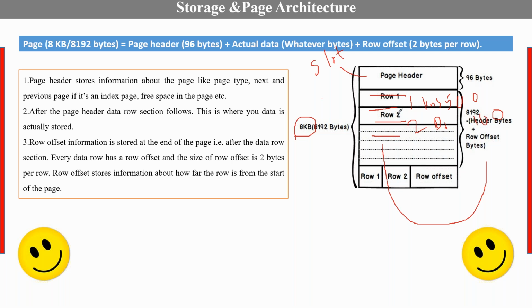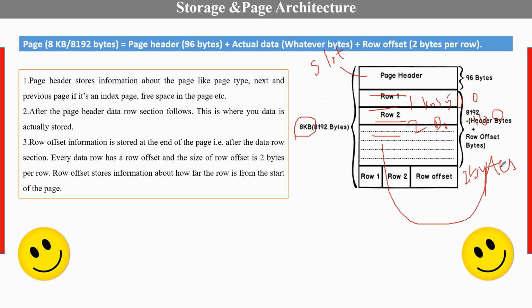Which object records it is maintaining, that information will be maintained by the row offset. Either you call it a footer or a row offset, its size is 2 bytes. 2 bytes, sir, not kilobytes at all, 2 bytes only.